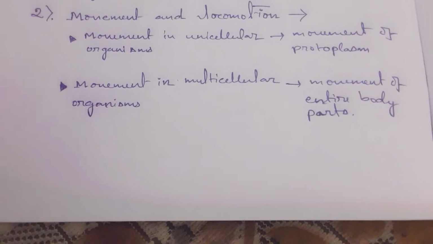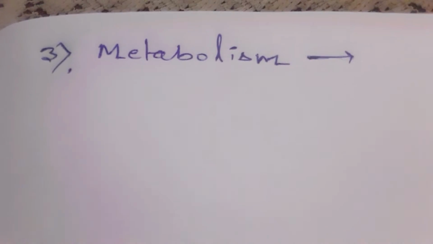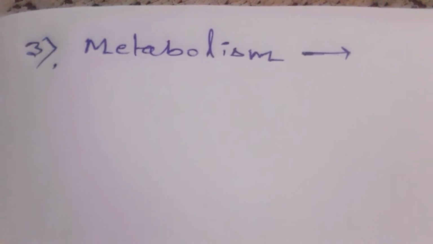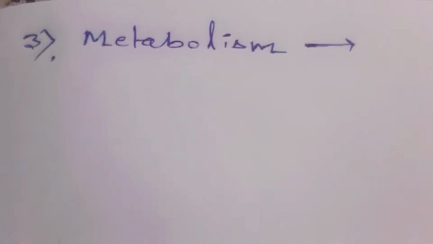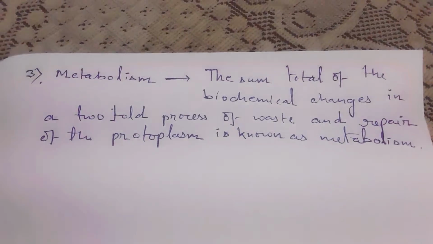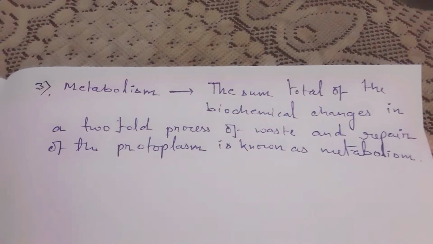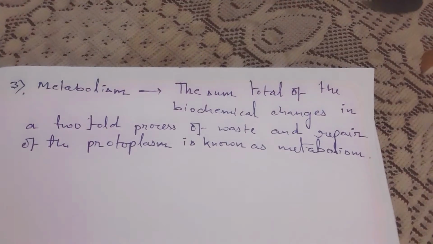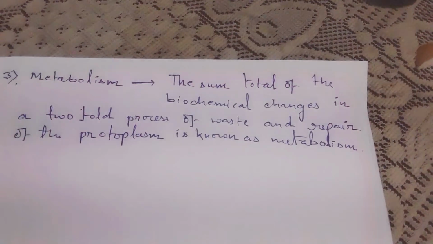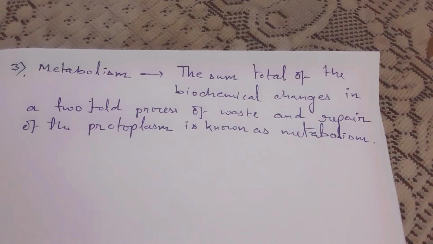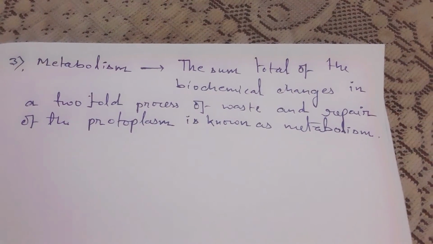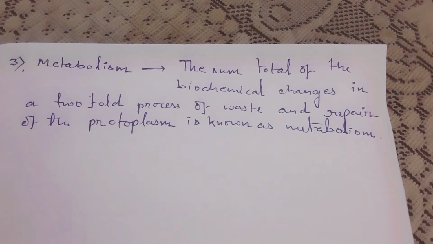So here we go. Now for the third point, that is metabolism. It is a very unique and important character of life, and that will be discussed now. First of all, we need the definition of metabolism. Metabolism is defined as the sum total of biochemical changes in a twofold process of waste and repair of the protoplasm.